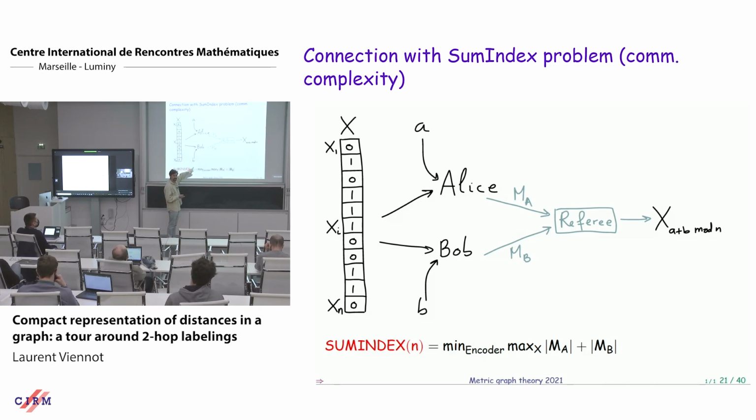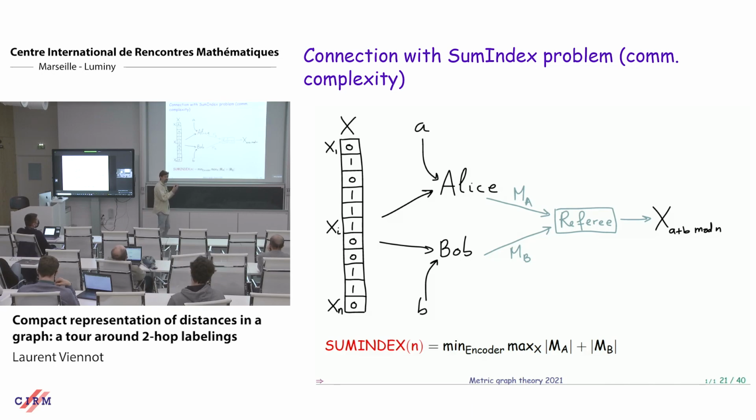Bob knows an index B. And they both have to send a message to a referee. And the referee has to output the value of the bit in position A plus B. So this gives the name sum index. You have to give me the bit in position A plus B.